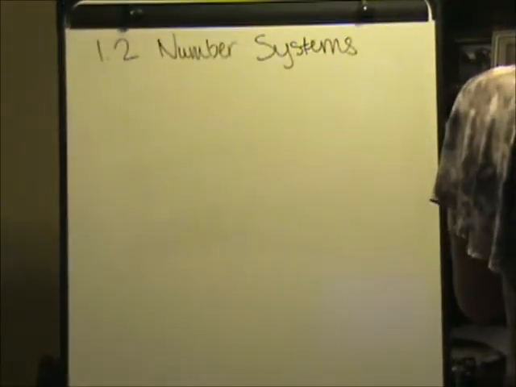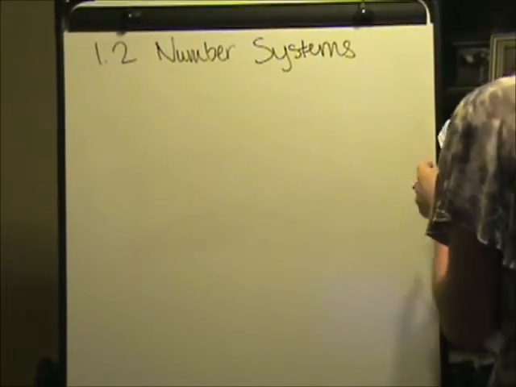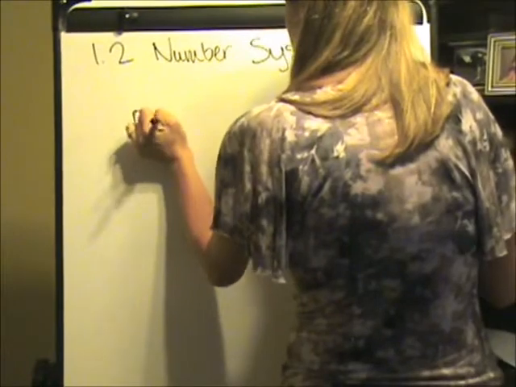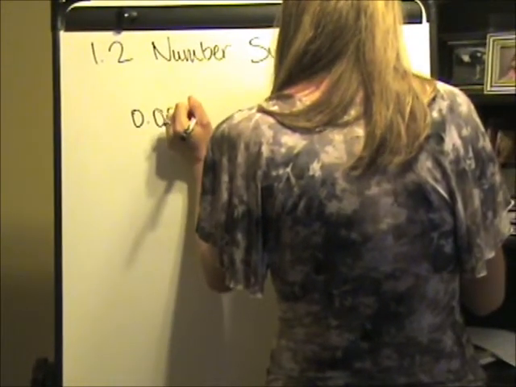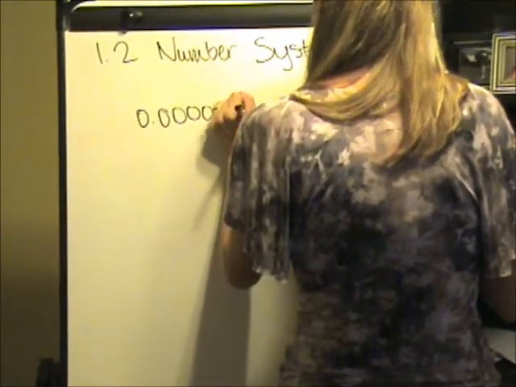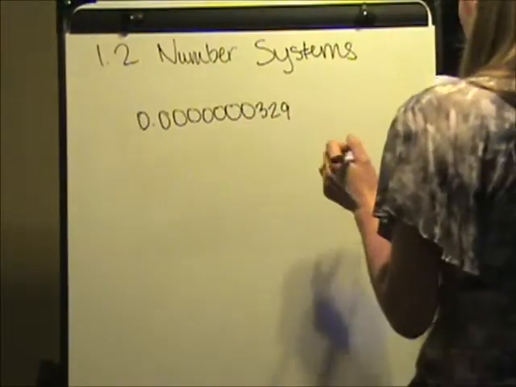Okay, so let's move down to number 27. Write the following numbers using scientific notation. So our first one, number 27, fairly small number. We've got 1, 2, 3, 4, 5, 6, 7 zeros. Okay.